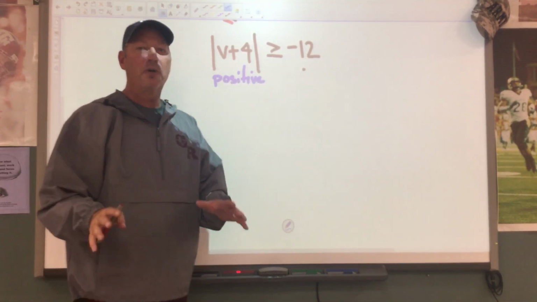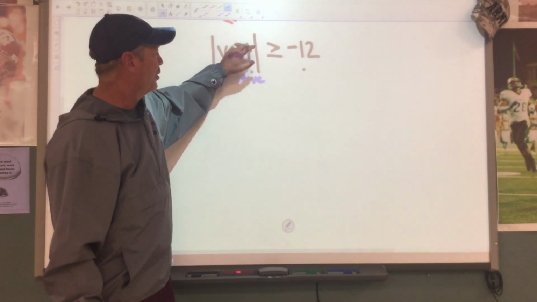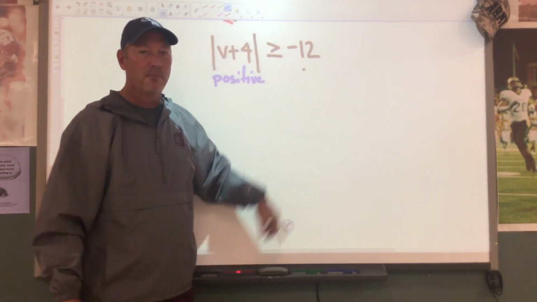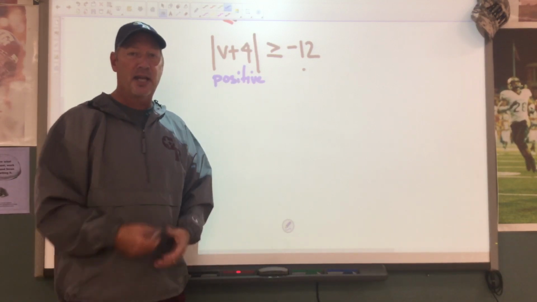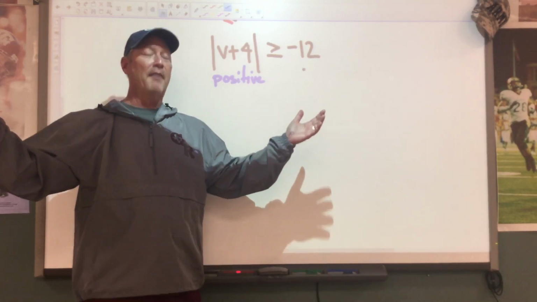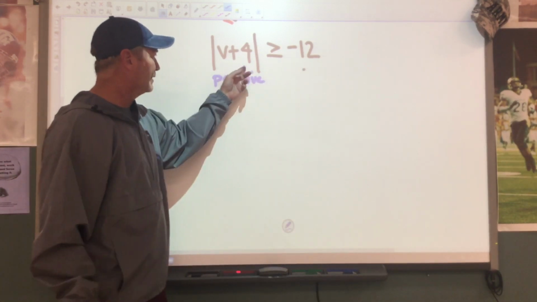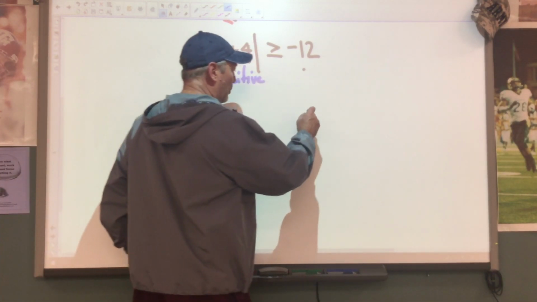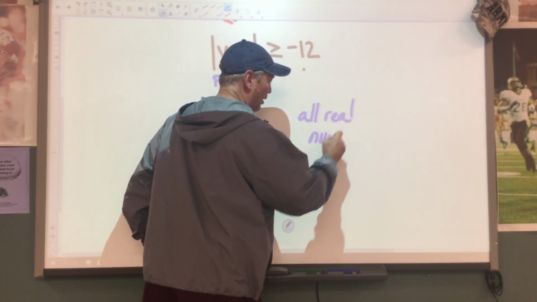Absolute value is always positive. So if this is a positive number, what positive numbers are going to be bigger than -12? Think about it. What positive numbers are bigger than -12? All of them. If you're a positive number, you've got to be bigger than -12. So in this situation, this answer would be all real numbers.